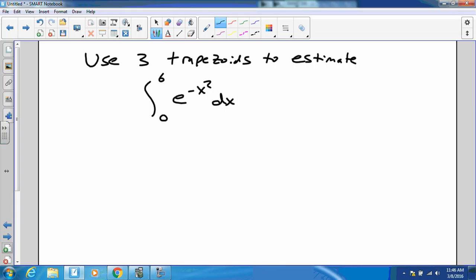You can compare your answer to the calculator answer when you're done. Are we allowed to graph it? You can if you need to.